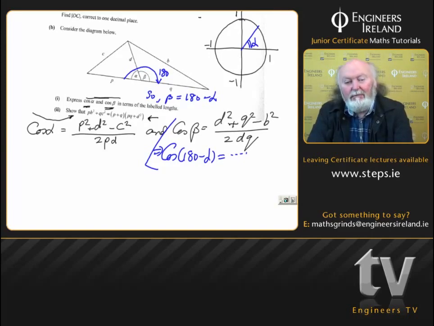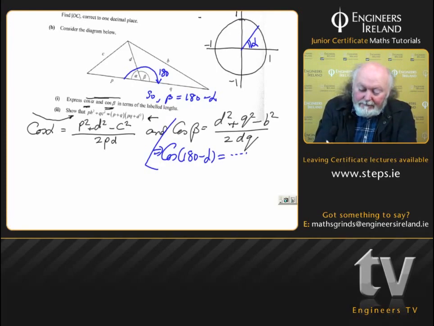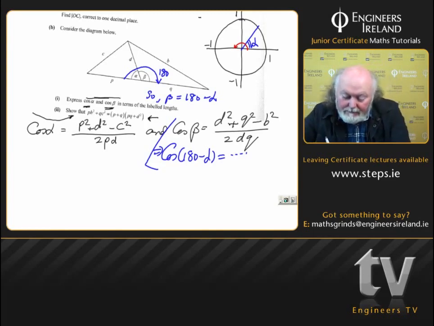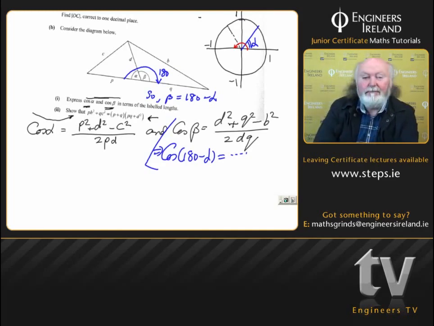What's 180 minus alpha? Well, all of that is clearly 180. So we'll find something like this is 180 minus alpha.